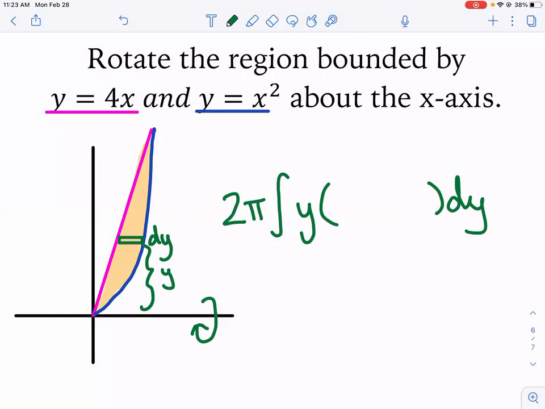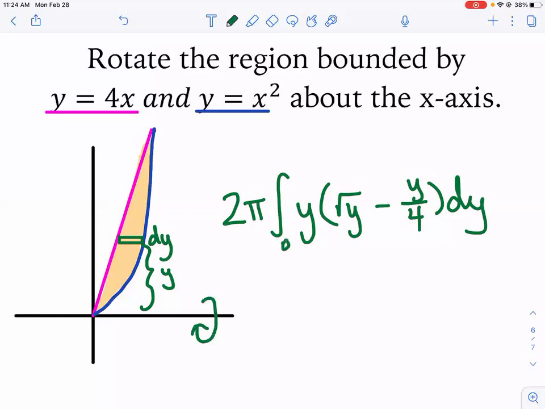So our right function is going to be the square root of y, and our left function is going to be y over 4. Do you notice I changed those to y's because I had dy? Okay, we're gonna totally do this one by hand though. What are our limits of integration?